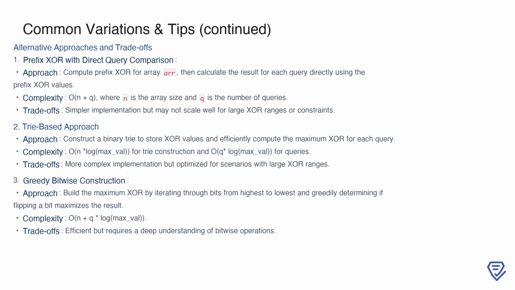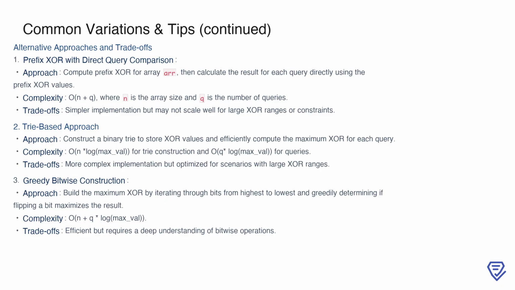Finally, let's discuss some alternative approaches and the trade-offs involved. One straightforward method is to use a prefix XOR array and compute the result for each query directly. The time complexity here is n plus q, where n is the size of the array and q is the number of queries. While this approach is simpler to implement, it might not scale well for scenarios involving large XOR ranges or tighter constraints.